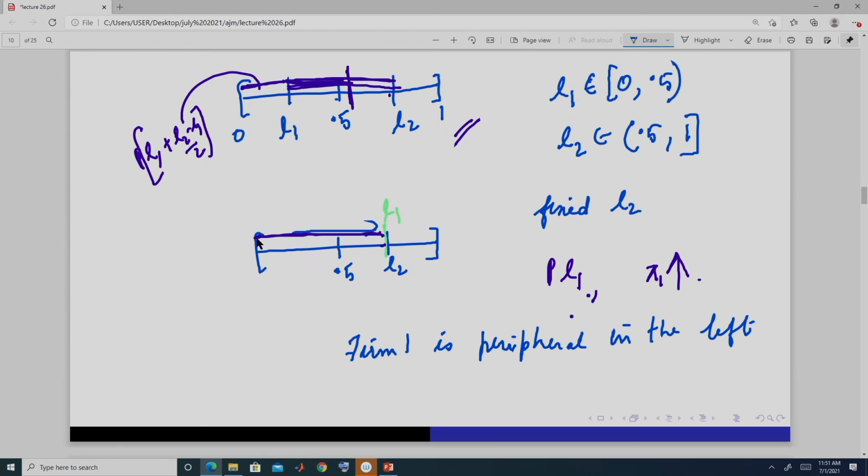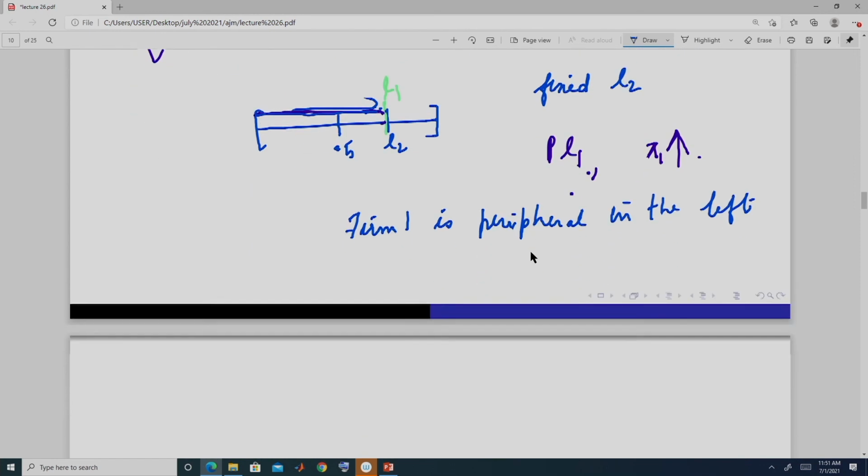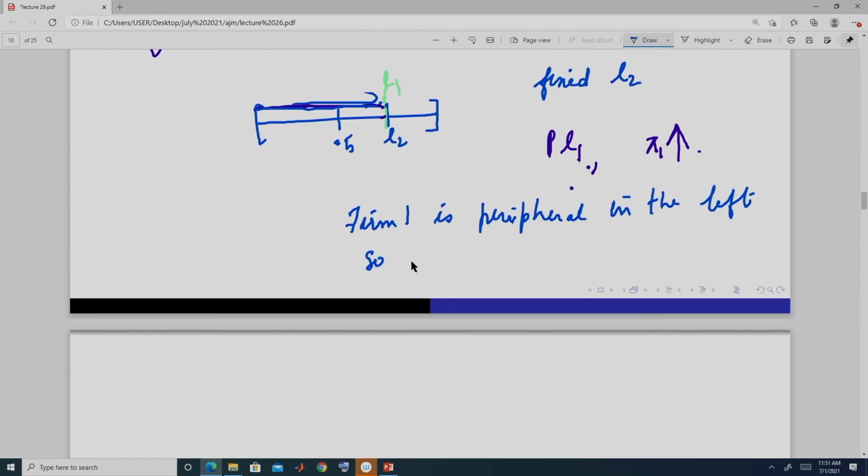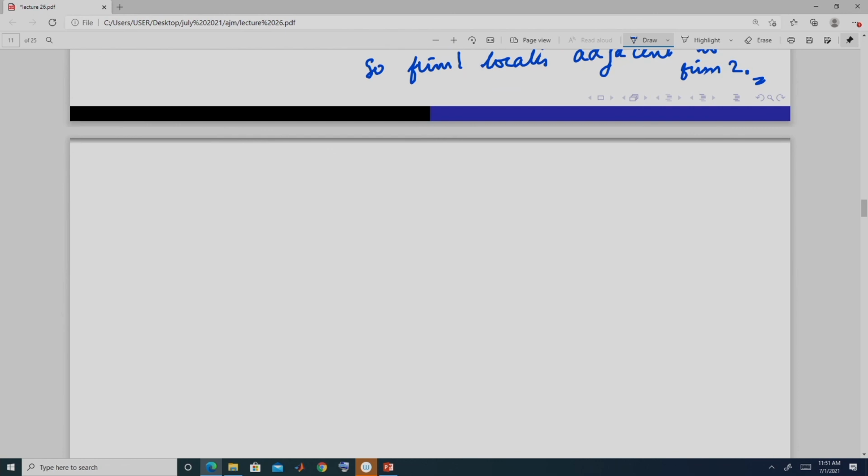So, if it lies adjacent, this whole portion is going to be its own market share. That is why firm 1 is going to locate adjacent to firm 2.